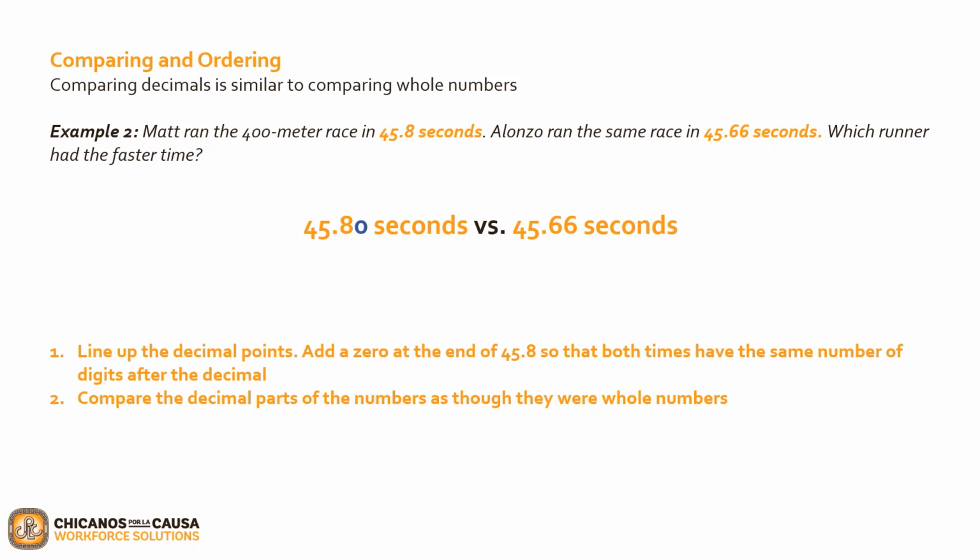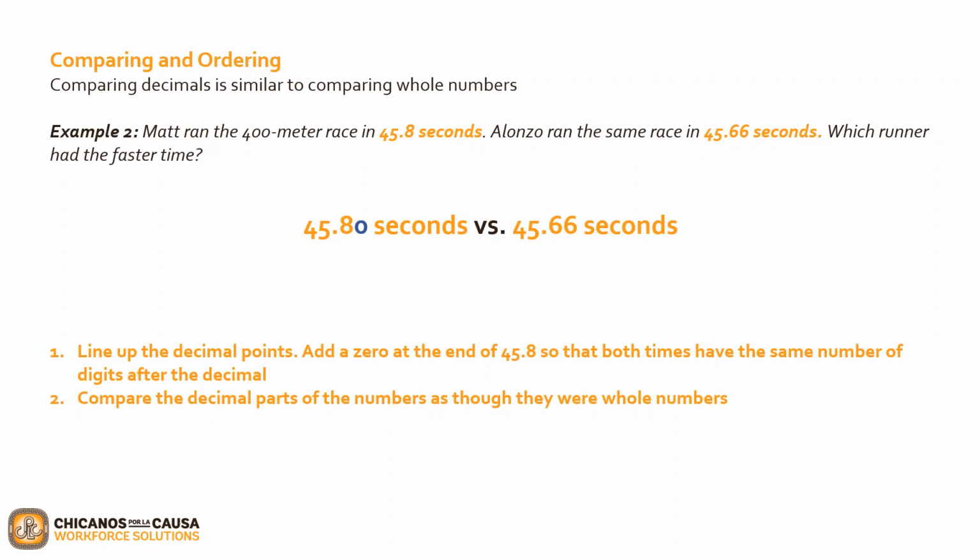Another way to look at it is to round the decimals so that they have the same number of digits after the decimal. Now, in this case, 45.66 rounded to 45.7.